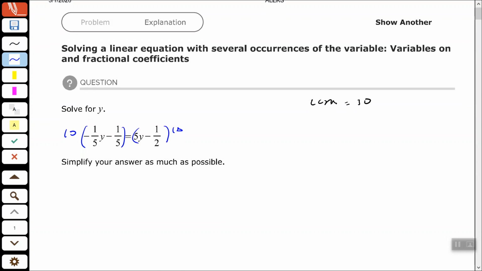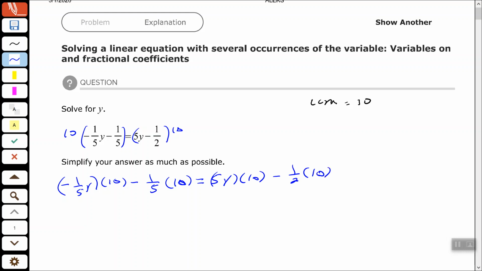So using our distributive property, we would have negative 1/5 y times 10 minus 1/5 times 10 equals 5y times 10 minus 1/2 times 10.